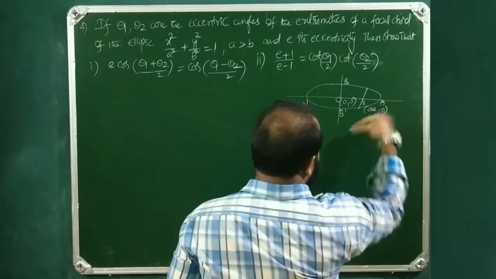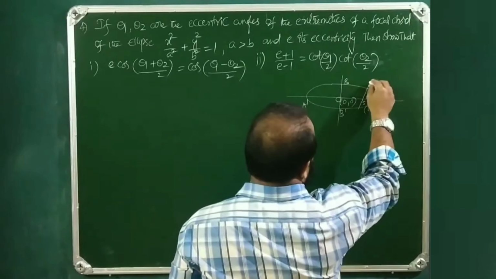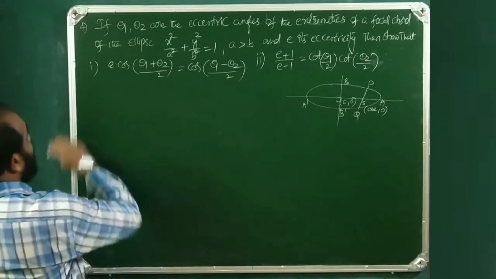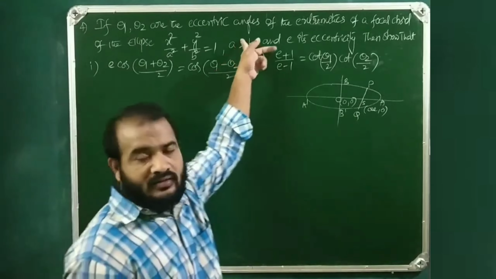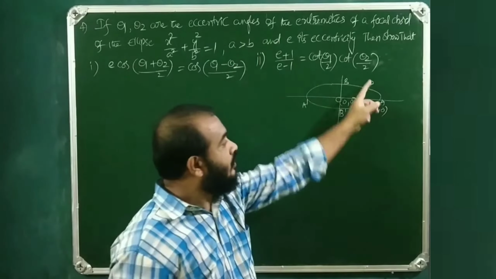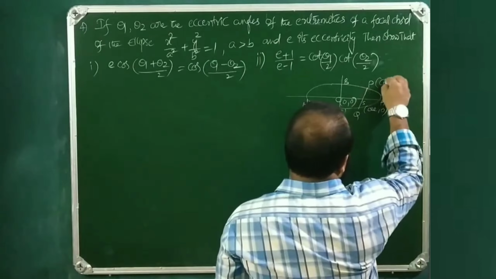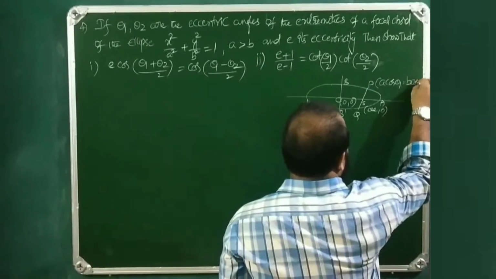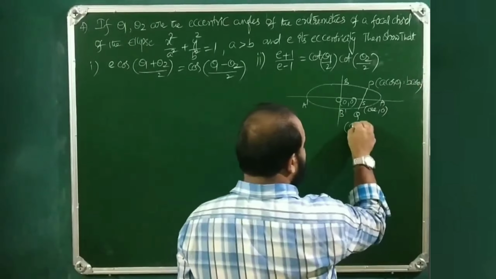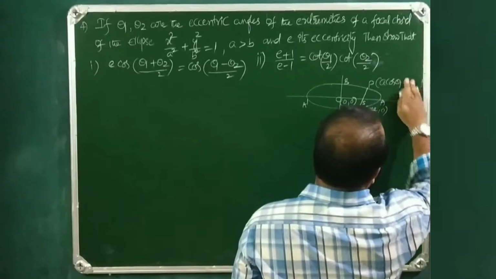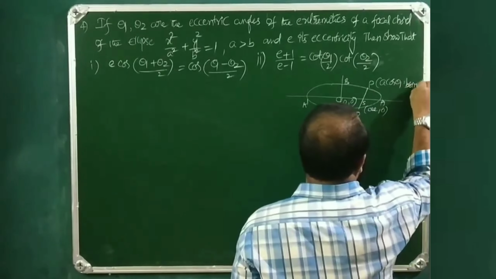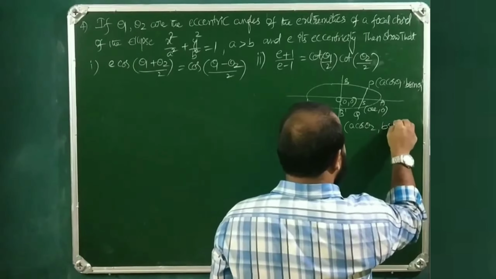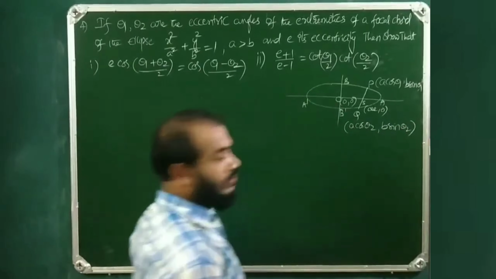S is (ae, 0). Let the points be P and Q. What is the eccentric angle? The points are (a cos theta 1, b sin theta 1) and (a cos theta 2, b sin theta 2).